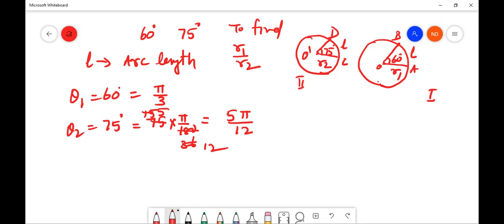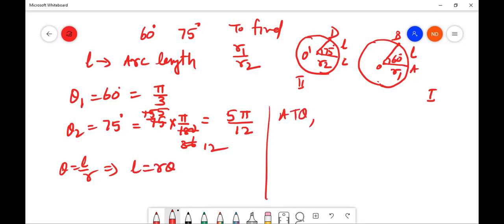So now you see theta equal to L by R. It means L equal to R theta. Now according to the question, L in both the cases is equal. So R1 theta 1 equal to R2 theta 2. It means R1 by R2 equal to theta 2 by theta 1.